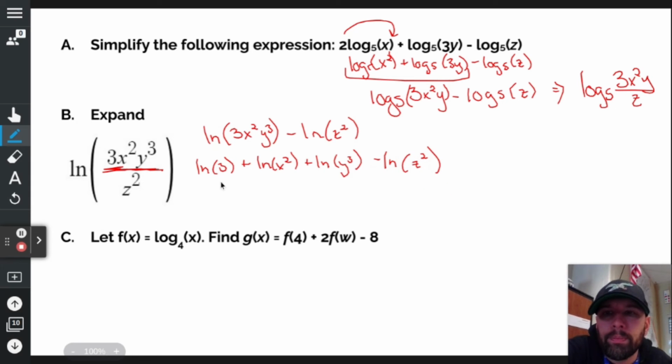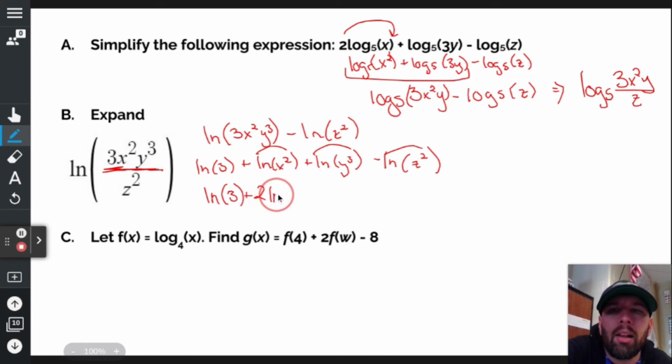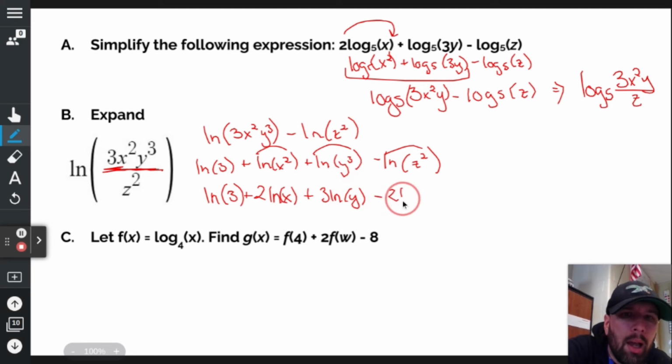You're fine. These have exponents, so let's bring them out. ln 3 plus 2 ln of x plus 3 ln of y minus 2 ln of z.